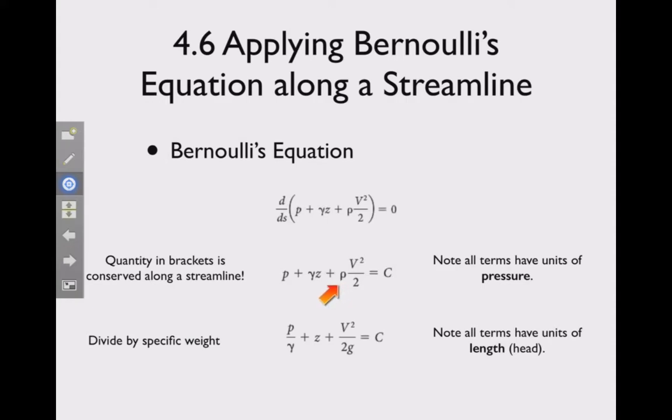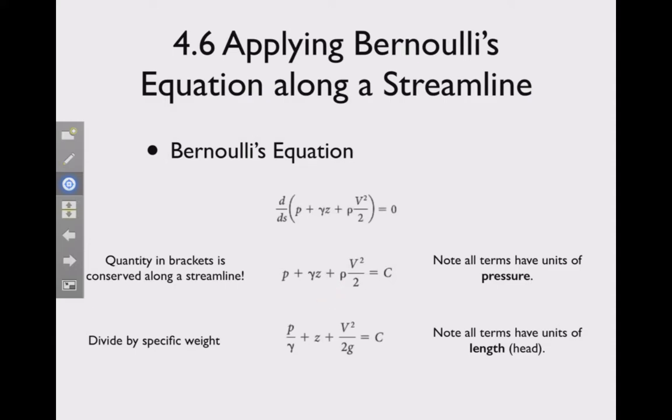And so we can choose two places along a streamline as long as we're on the same streamline. Remember, we derived this equation on a streamline. So as long as we're not jumping across to another streamline, this equation will hold for 2 points along that streamline.